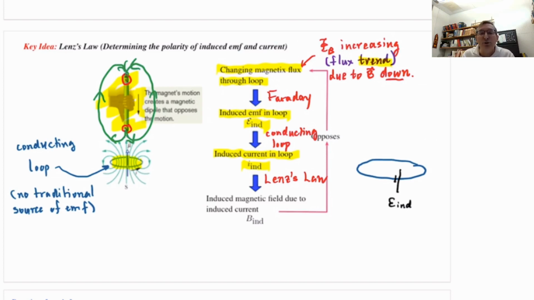We're going to call it an induced magnetic field. There'll be an induced magnetic field due to the induced current. We'll label it B induced. And the direction of that B induced, here's the kicker, opposes the original flux trend that started this whole process.